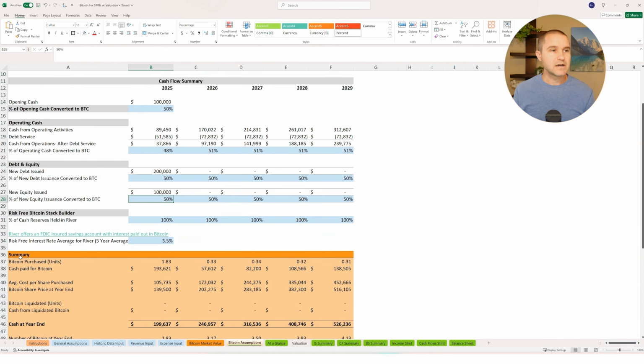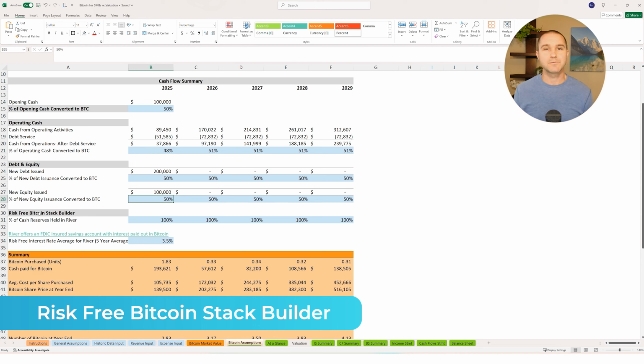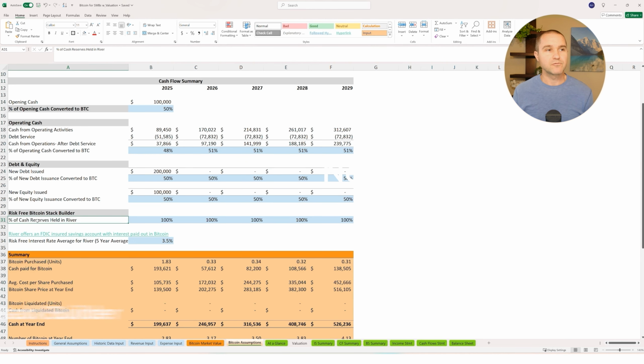And then we have this idea here. So we're calling it the risk-free Bitcoin stack builder. This is something that River offers that we heard about on a podcast and thought was interesting. So River offers an FDIC insured cash account. So you could put some cash reserves or just your working capital into a checking account with River, and they will pay interest on that.